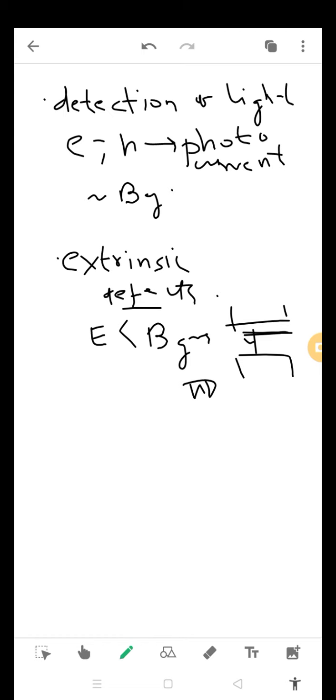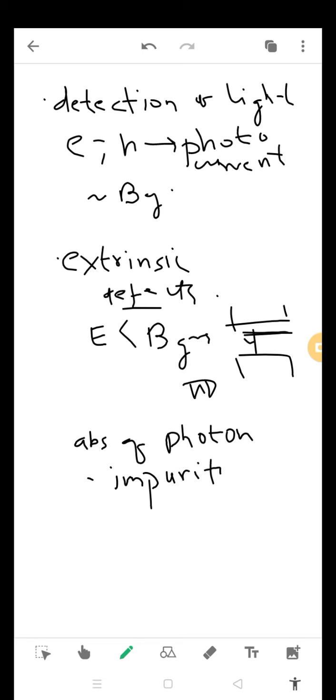So absorption of photons will take place when light is incident on such a system, and they also are related, as I already said, to the impurity and defect levels in the material.